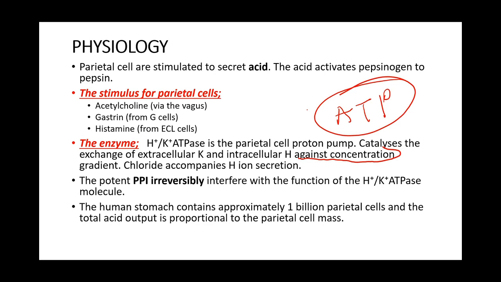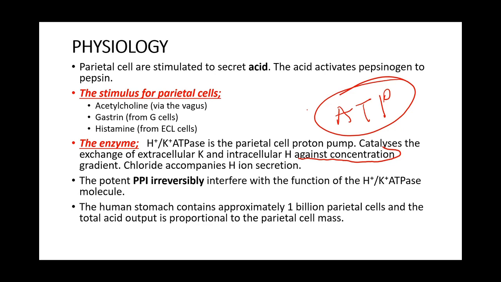You should know that the proton pump inhibitors we use in the treatment of peptic ulcer disease irreversibly interfere with the function of the proton pump, which is the hydrogen potassium ATPase molecule. And you should know that these inhibitors only act when the proton pumps are activated.